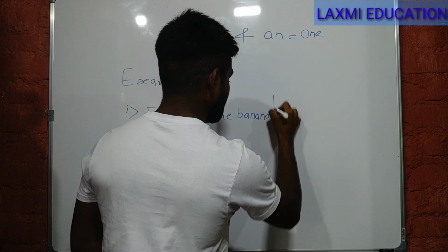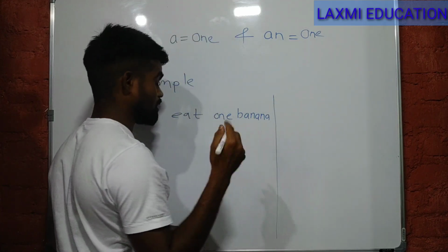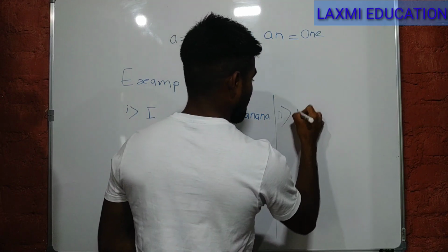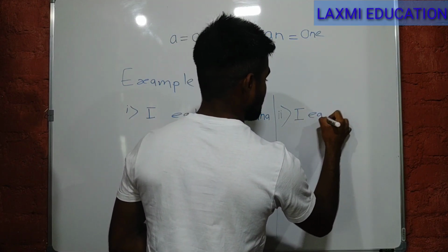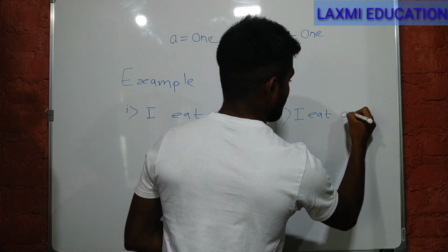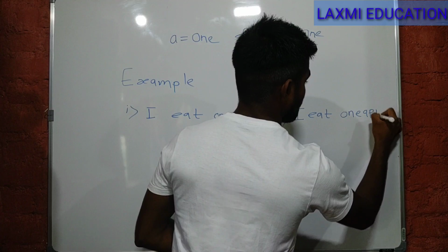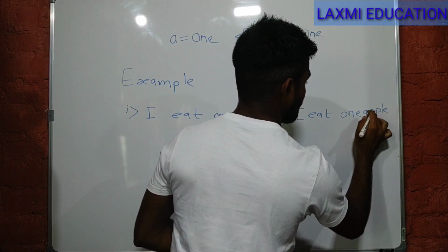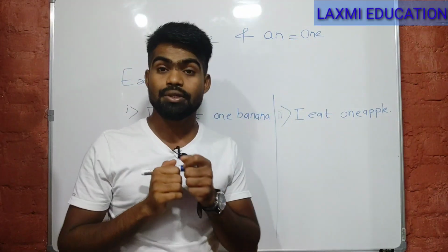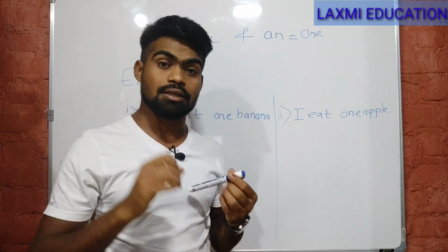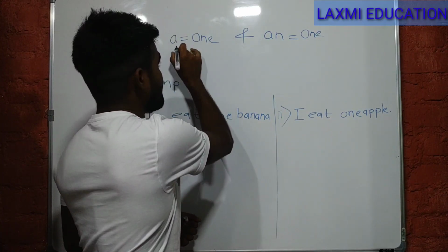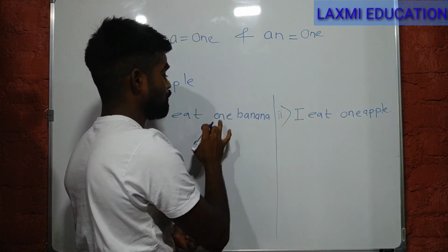And let's take another corresponding example: I eat one apple. Now what we do here is we use a and an instead of one.